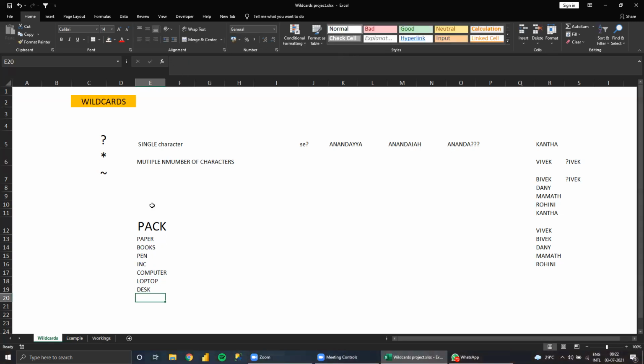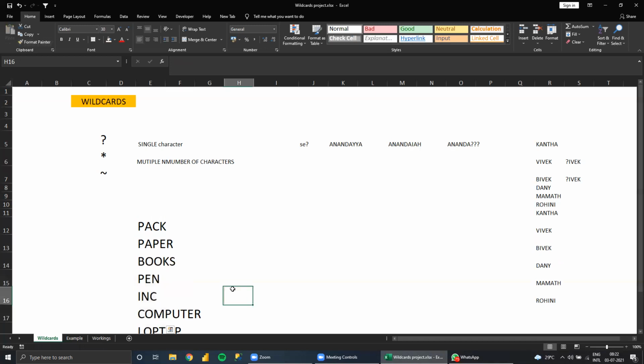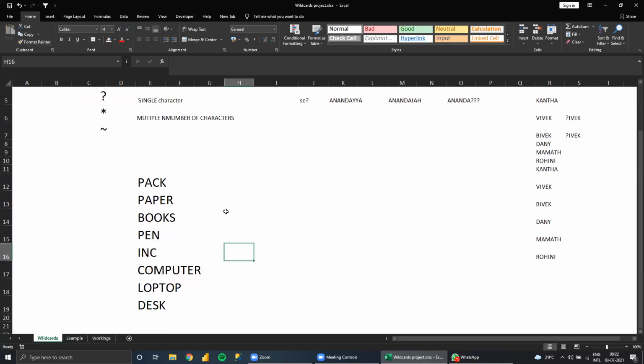Desk, like this. So many words are there. Okay, now what I want here: I want the first letter to start with P. So what I need to do here is put P and a star.